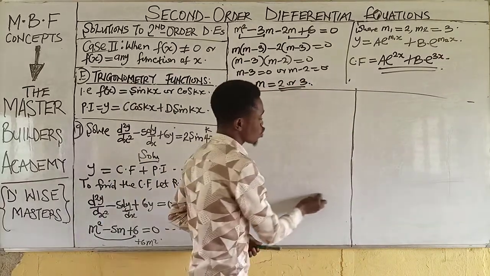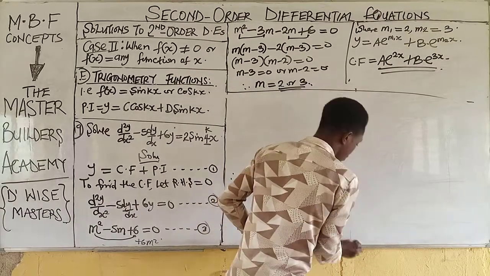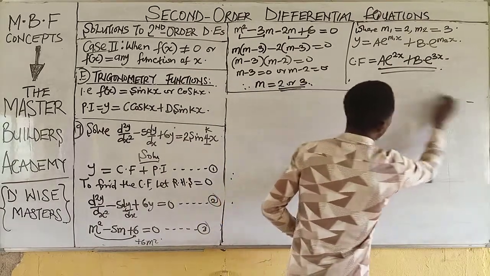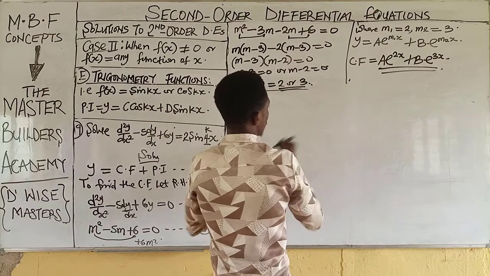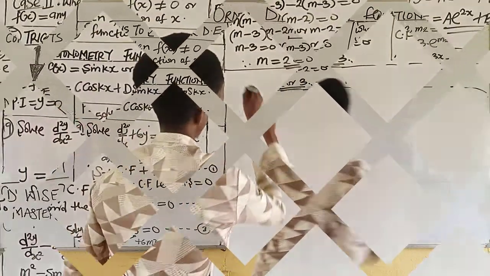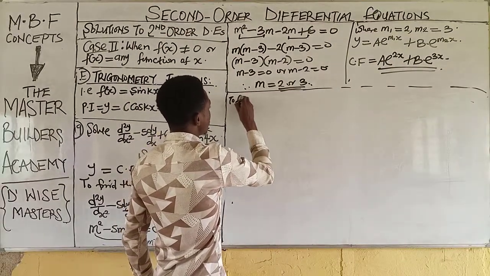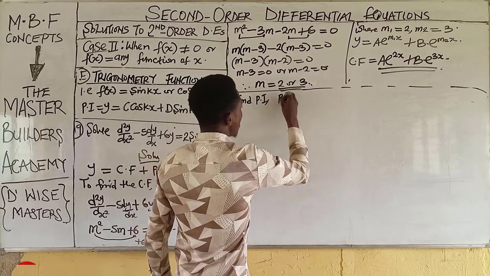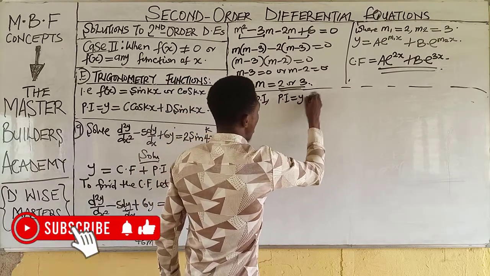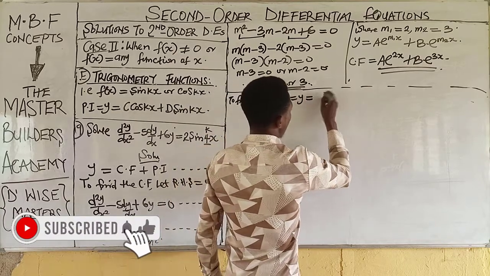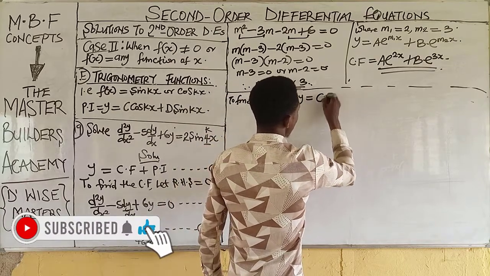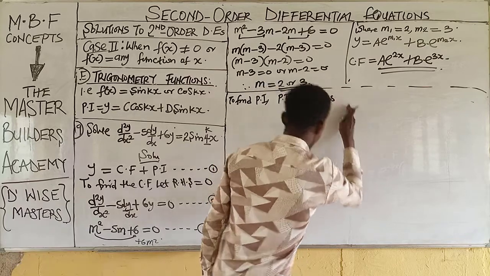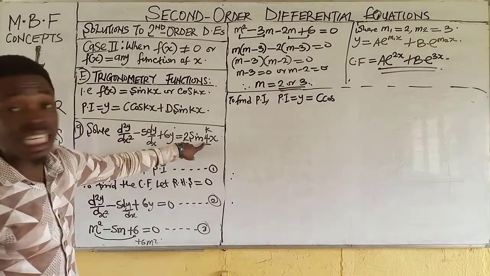Now, for us to be able to obtain a particular integral, we have a lot of work to do here. Big work to do. Understand that to find the particular integral, P.I is equal to y, and y is equivalent to c cos kx. Now we understand that the k here is 4.